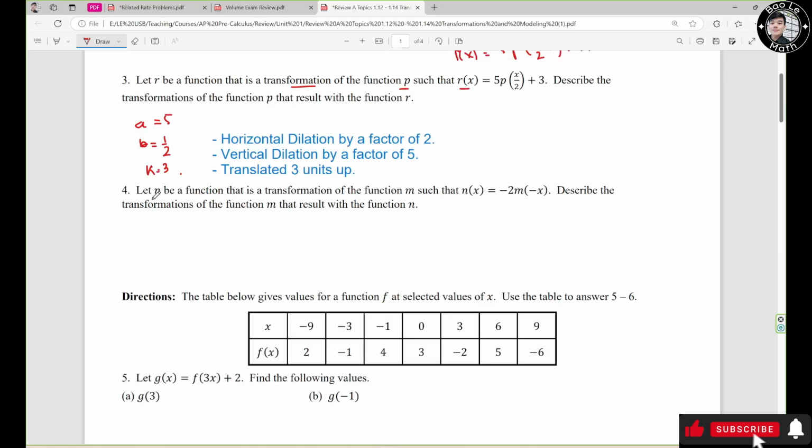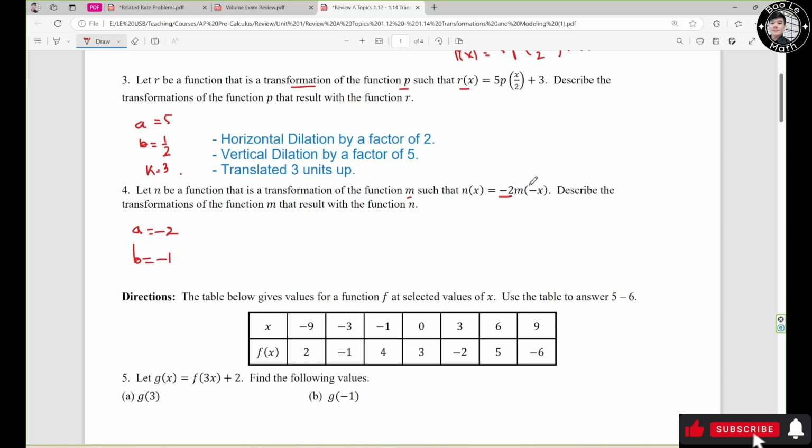Now let's move on to question number 4. Now we observe that a equals negative 2, right? So which means you have the negative sign in front of a, which is a reflection over the x-axis, so keep that in mind. Now you see negative s right here, which is b equals negative 1, right?